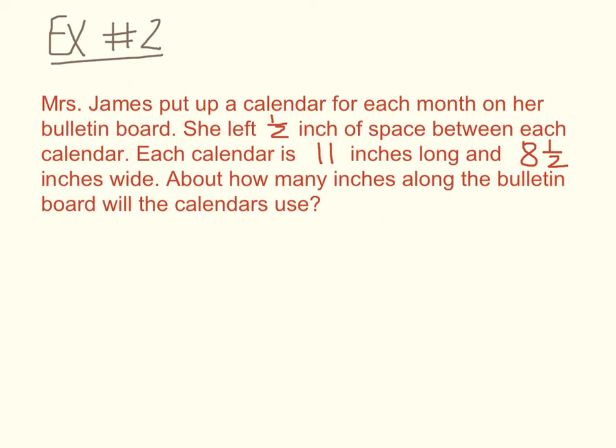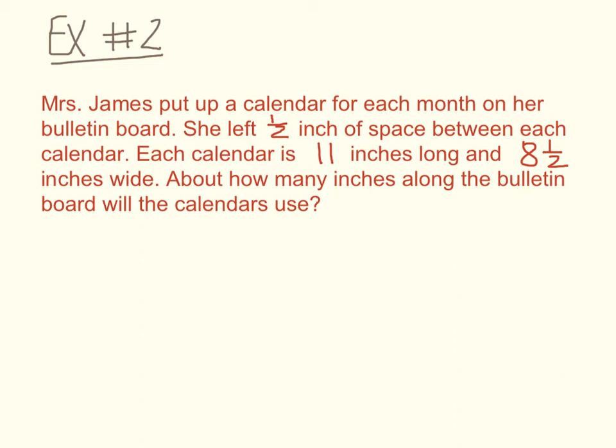All right, example number 2. You're going to see something very similar to this on your test. Mrs. James put up a calendar for each month on her bulletin board. She left 1/2 inch of space between each calendar. Each calendar is 11 inches long and 8.5 inches wide.